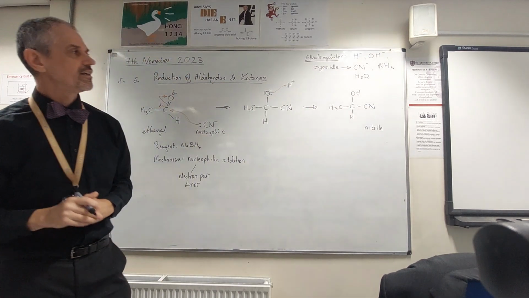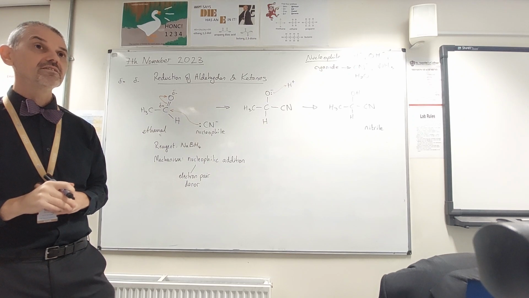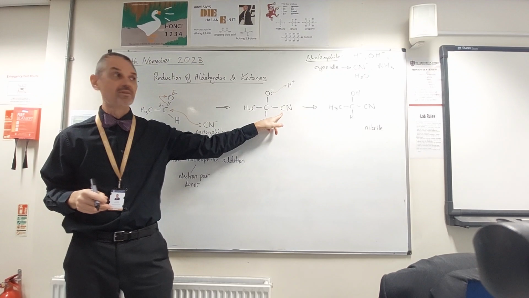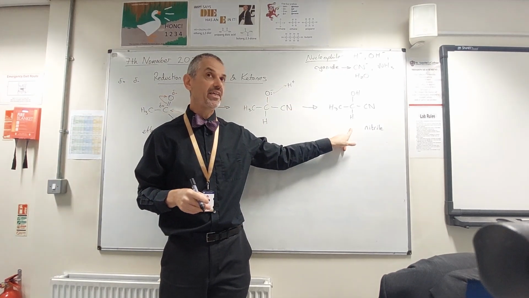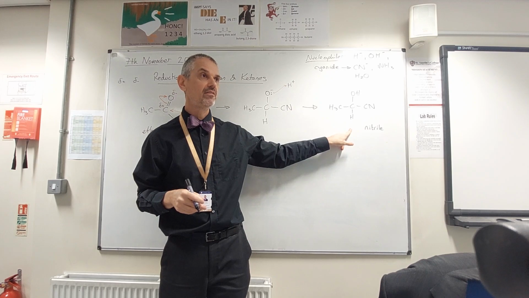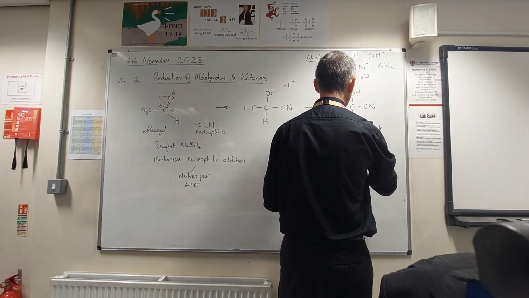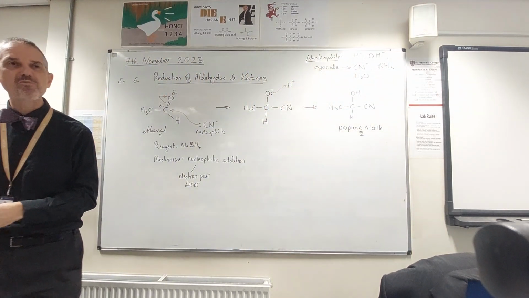Right. How many carbons are in that nitrile? Kieran? 3. Okay. Don't forget that we just added one. So this was ethanal, but this will be propanenitrile. Be very careful in how you write that. It's not propan-nitrile.